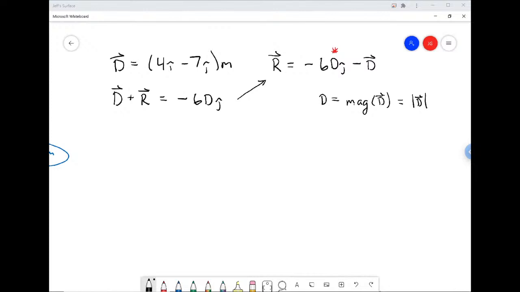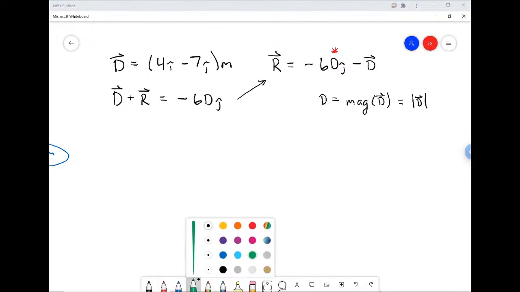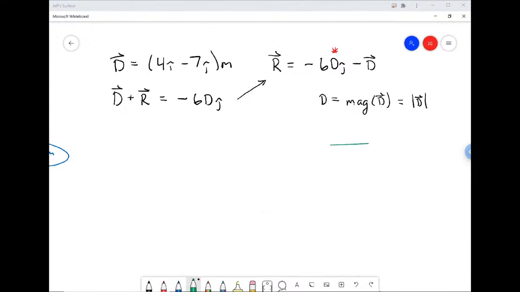So there's sort of a little aside here. Let's do it in green. If we have an x and a y axis, D has a positive x component and a negative y component. So D points down and to the right, something like that. So this is 4 meters this way and 7 meters down.